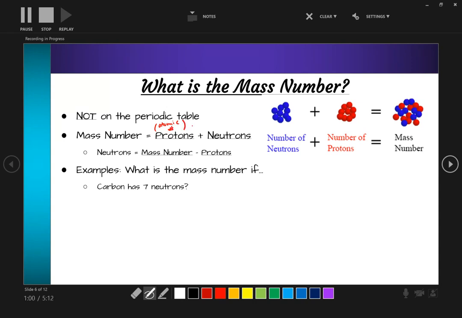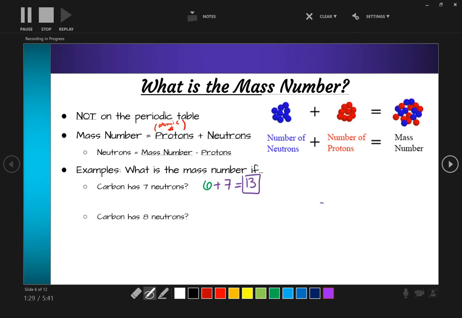So you're going to try to find carbon on your periodic table, which is towards the top on the right side. So the number of protons is 6 plus the number of neutrons, which you were provided, 7. So 6 plus 7 is 13. So your mass number is 13.